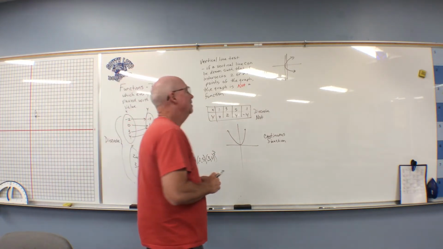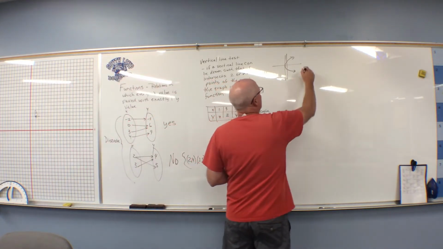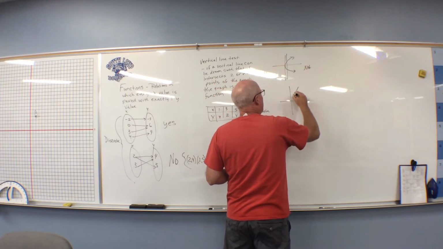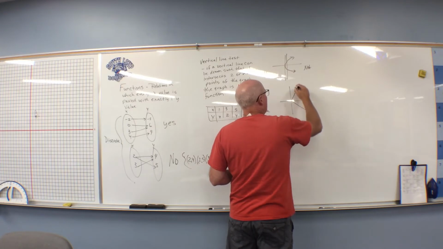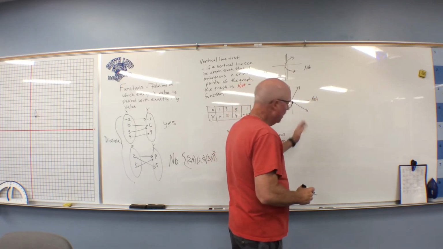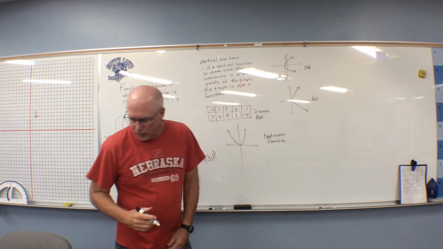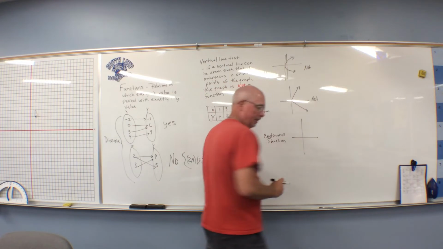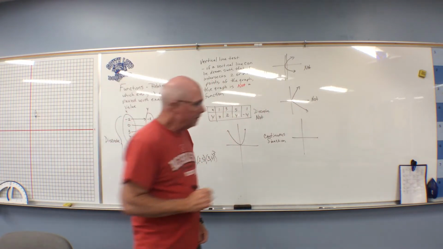We have all kinds of ones that we can look at. One of the ones in the book has an absolute value type shape. This is not a function. Why? Because we can draw a vertical line and it touches 2 or more points. Another one is like this, and this is what we call a piecewise function.